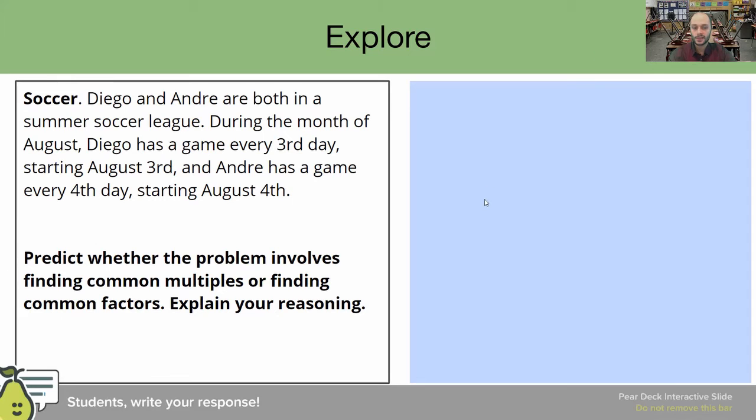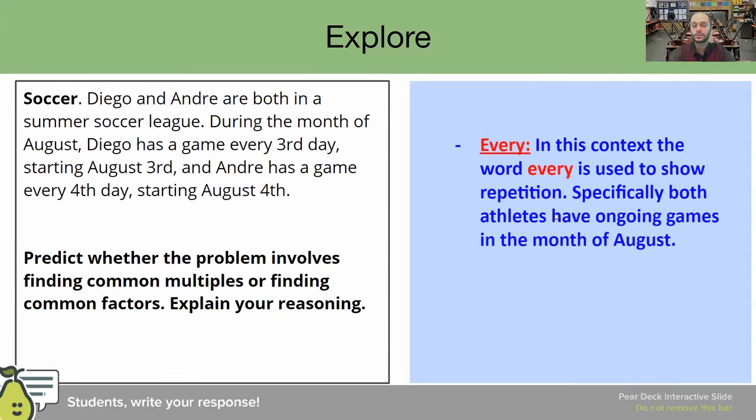Now, in this context, the word every is used to show repetition. Specifically, both athletes have ongoing games in the month of August. Since there's repetition and common multiples sounds like multiplication, and multiplication was designed to show repeated addition, then this is definitely going to be a common multiples problem.